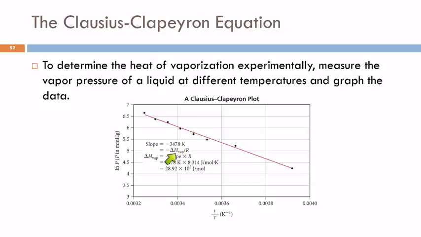That is equal to negative delta H over R. And so we can rearrange that, and we can actually calculate the heat of vaporization from this graph. And so that's one use of the Clausius-Clapeyron equation. You can measure the vapor pressure and the temperature. And by graphing the data in this way, you can calculate the heat of vaporization.